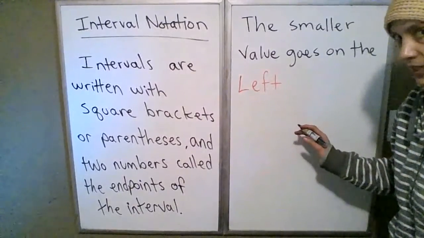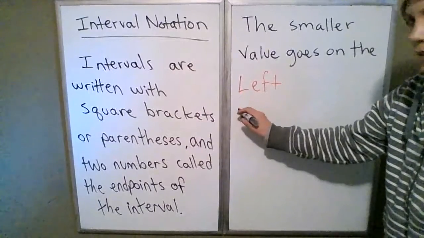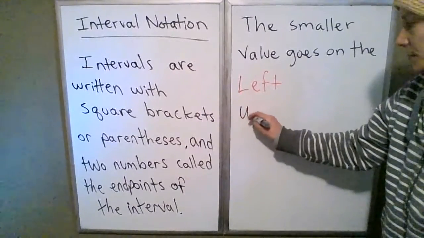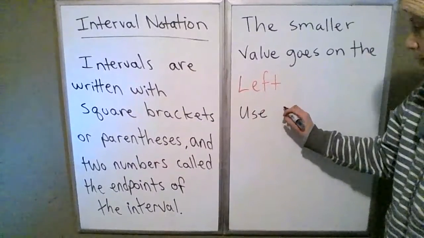Okay, use rectangular brackets for included ends, so with the equal sign and a symbol. Rectangular brackets or square brackets. So I'm going to put square.